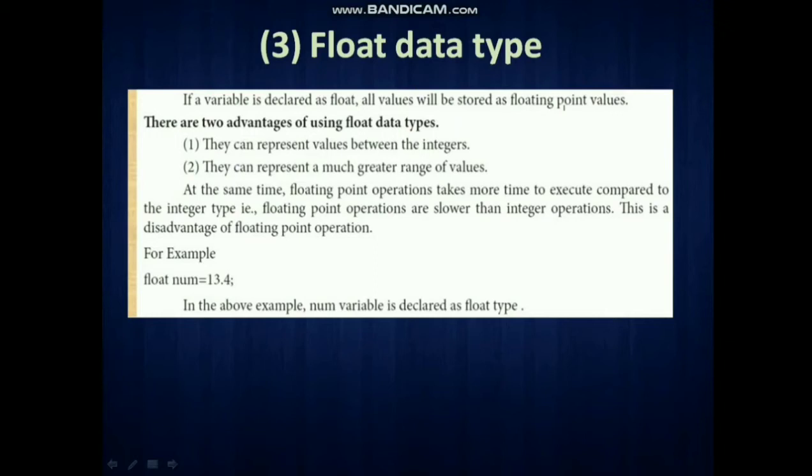Now we are assigning this fraction value to the variable name num. The data type of the num variable is float. So float means fraction value. A fraction value will be accepted, stored and displayed on the screen. Okay, so this is the example for our float data type.